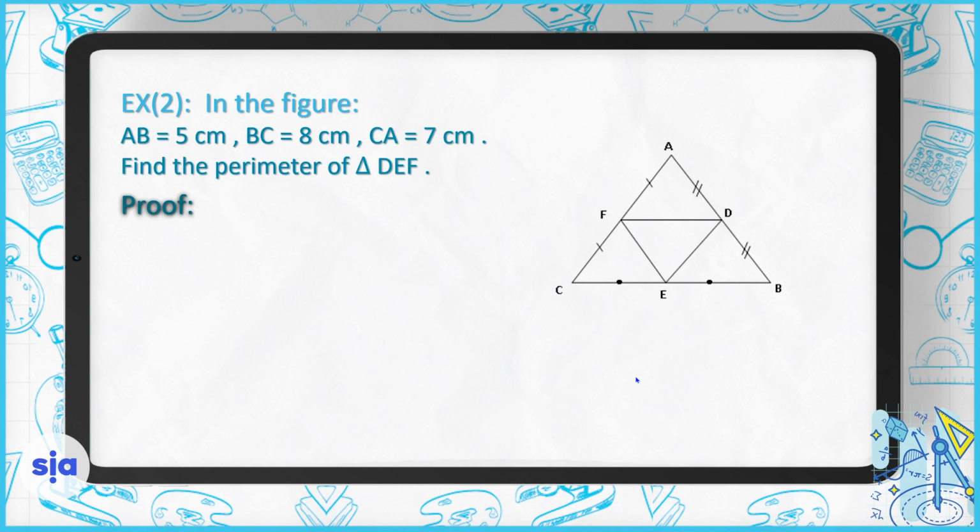If AB is 5 centimeters, BC is 8 centimeters, and CA is 7 centimeters, find the perimeter of triangle DEF.